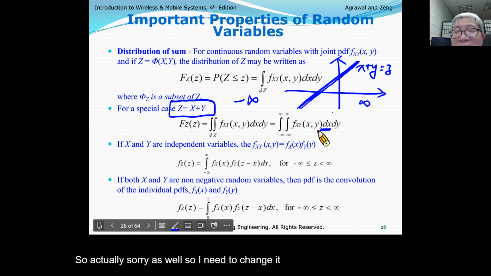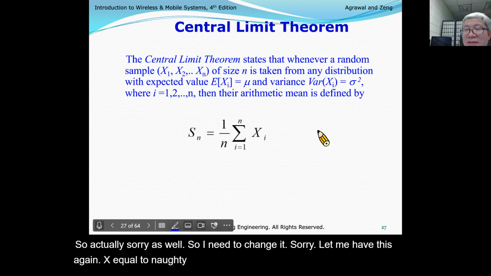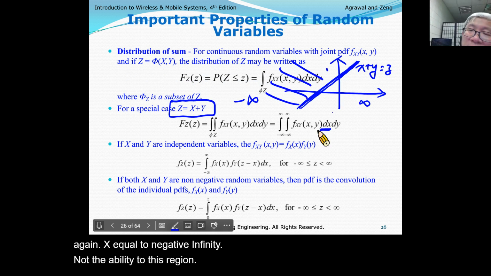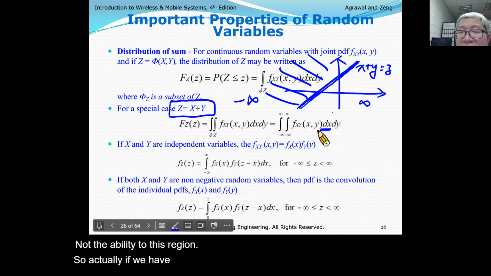Let me do this again. x goes from negative infinity to this region. So if we have x, it goes from negative infinity to x equal to z minus y.